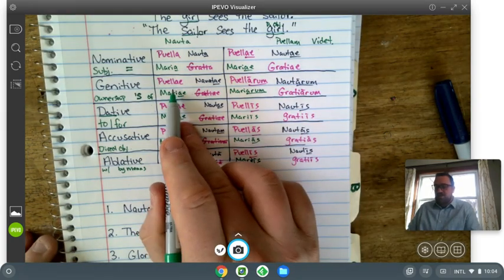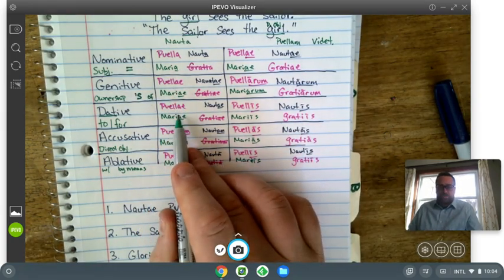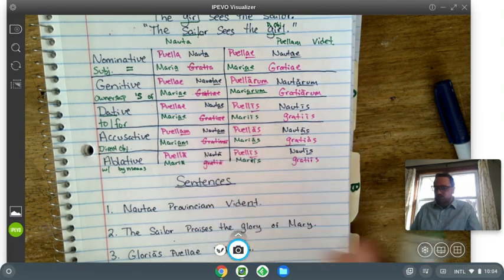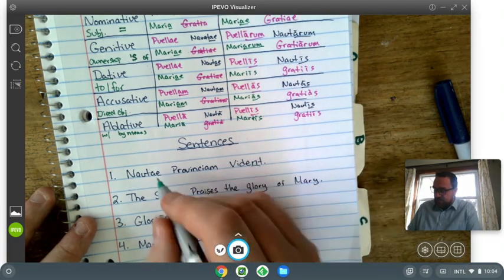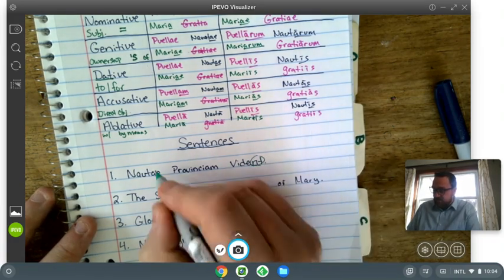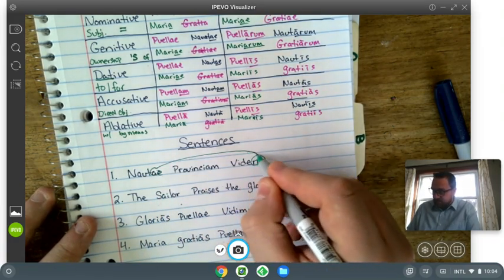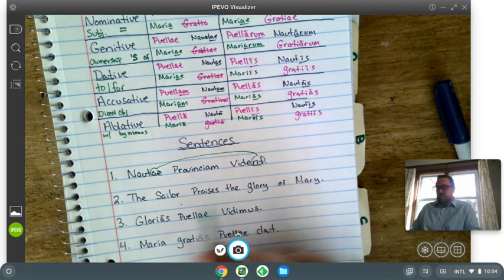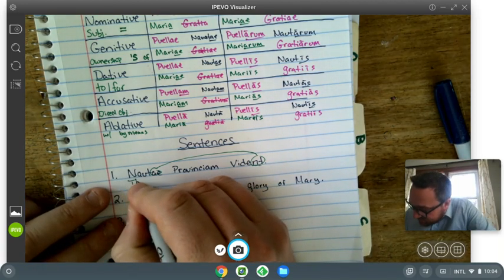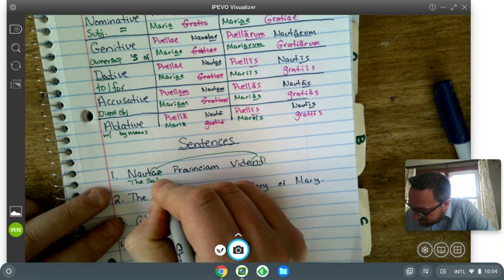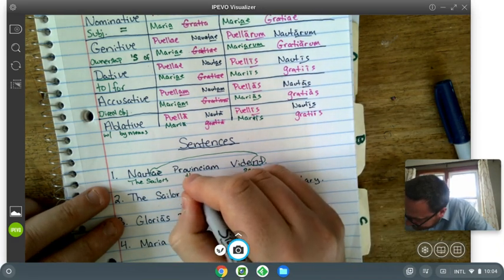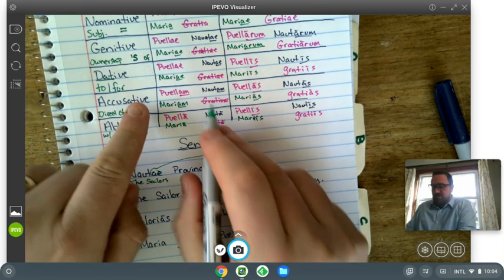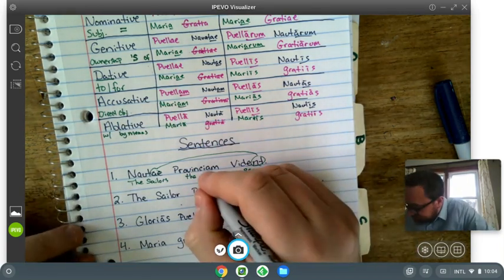Even though nautae could also mean of the sailor, or to or for the sailor, this is probably the subject of the sentence because it's plural and it matches our verb ending. Okay, so this means the sailors. So we have a plural subject, see the province. And of course, the province is in the accusative, just like we would expect.